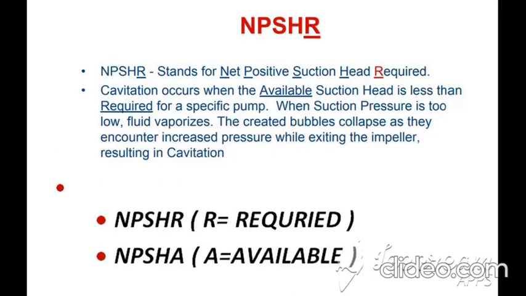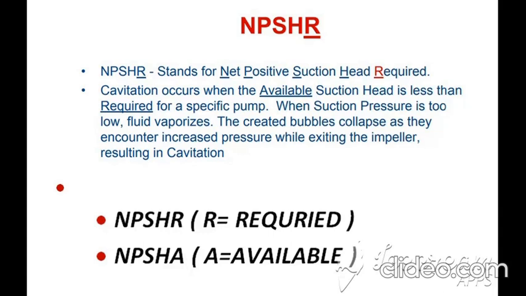Net positive suction head required. At that stage, you know that a centrifugal pump faces a problem which is cavitation, and you have two terms, net positive suction head required and net positive suction head available. If net positive suction head available is less than net positive suction head required, then the pump will face a cavitation problem, and the cause of that problem will be low suction pressure.